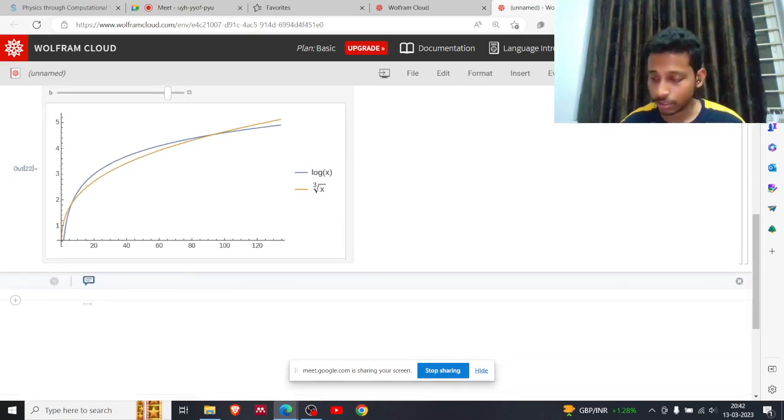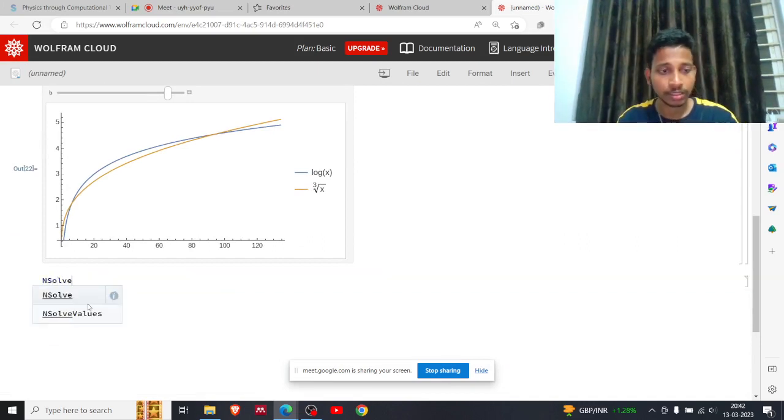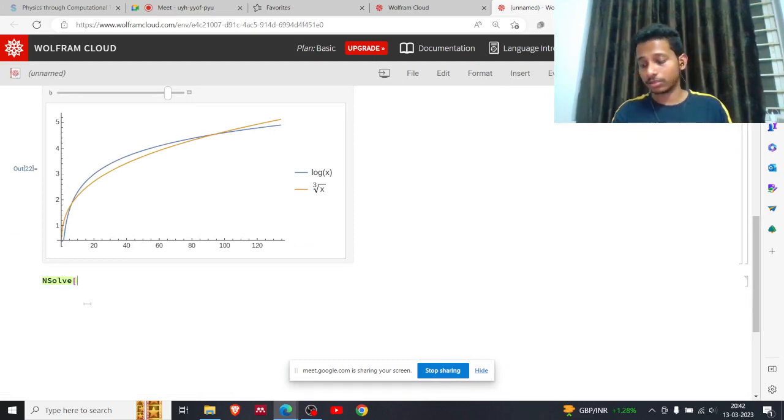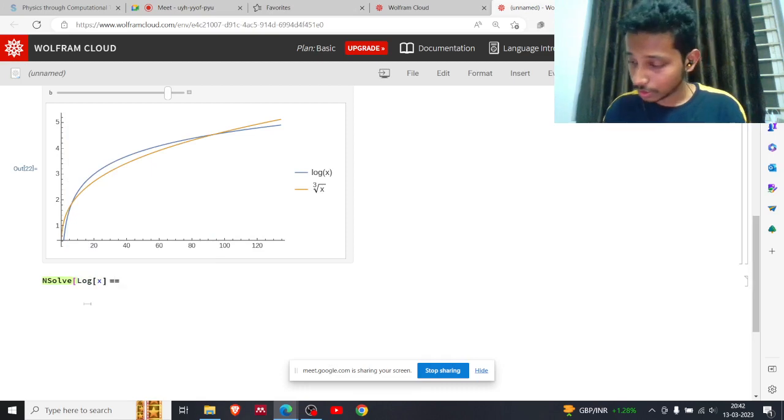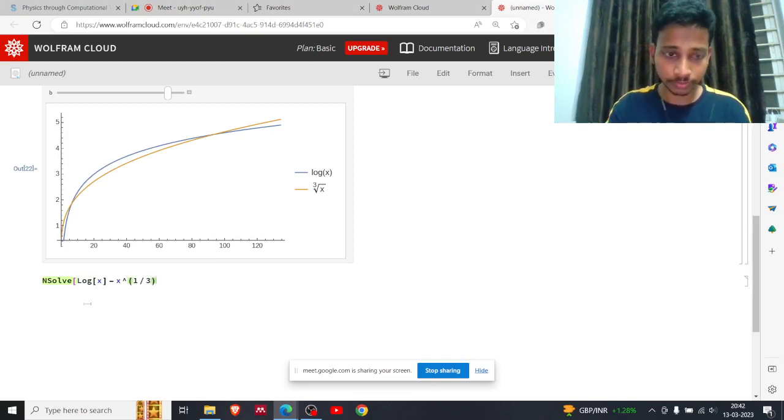So we can now try to solve it numerically. When we solve an equation numerically, we use NSolve. So log x equal to x to the power 1 by 3.